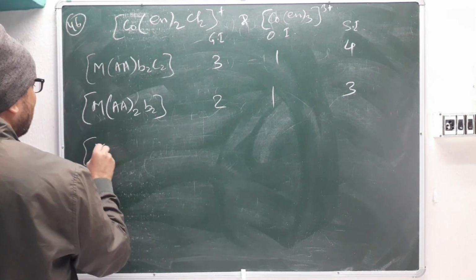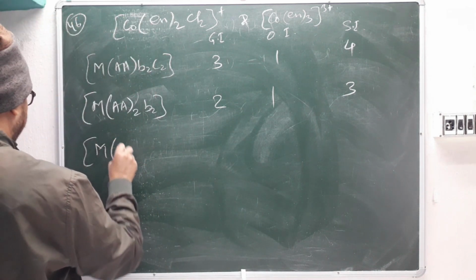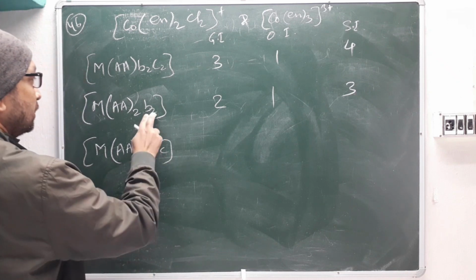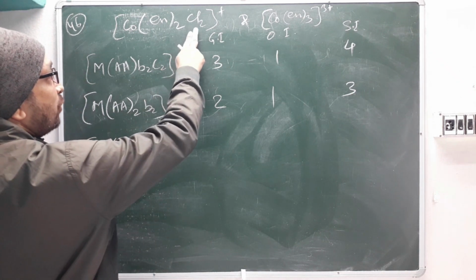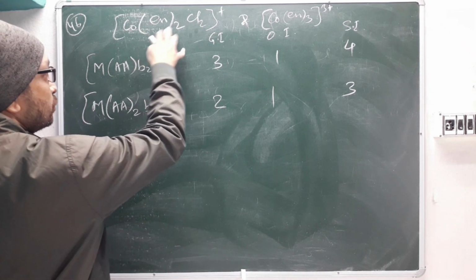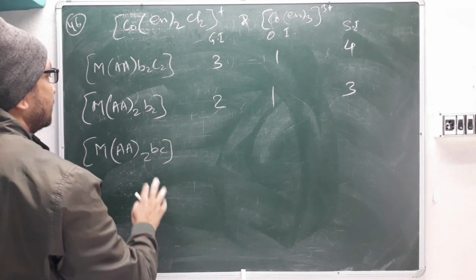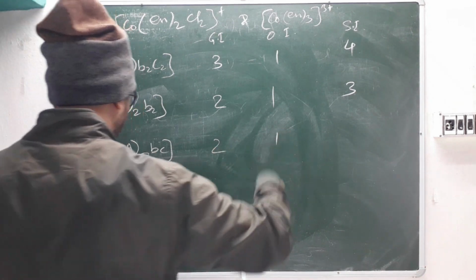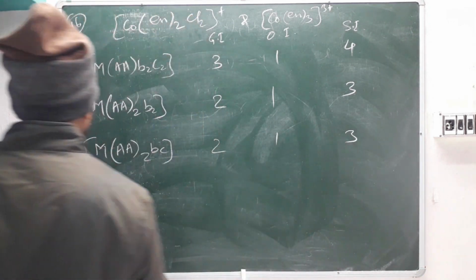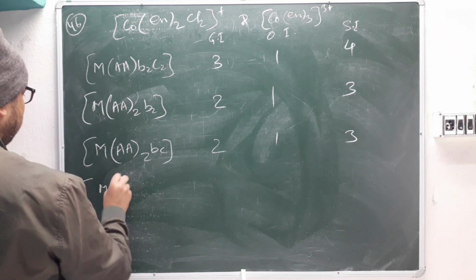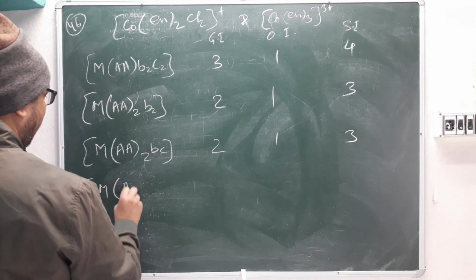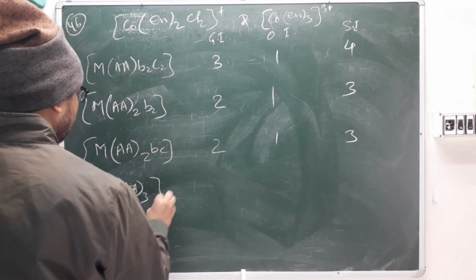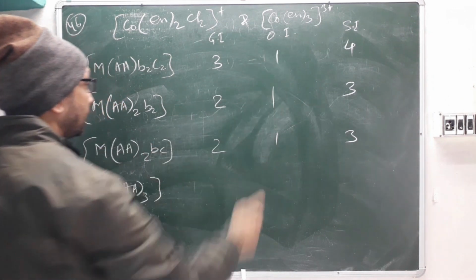If suppose we have M(AA)2BC, both the ligands, suppose here chlorine and water, this one is en2. If it is chlorine and water, then what will happen? Here it will be 2, here it will be 1, total it will be 3. Next is M(AA)3, I think this one is falling under that category.